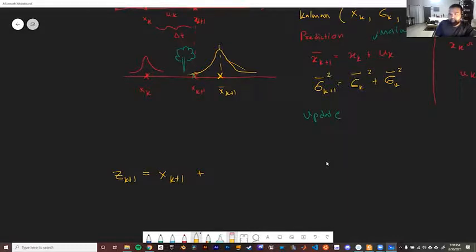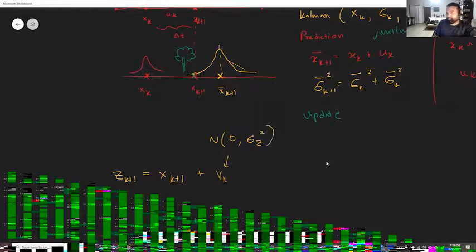In the previous case, we put sigma u k plus 1. I call the noise Vk, and this Vk is simply normally distributed, again with zero mean, but a variance of sigma z squared. So that's the relationship here.